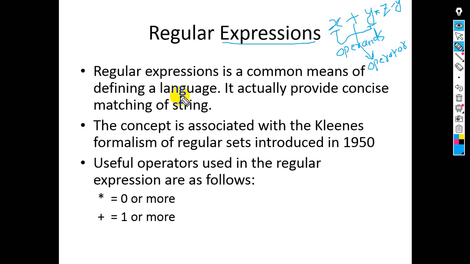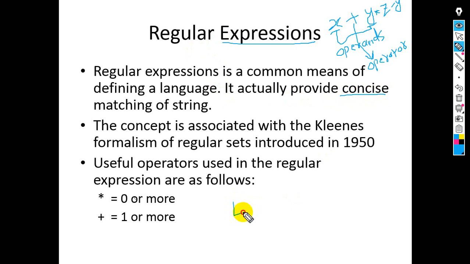The third one that I am explaining is the regular expression. This is also the definition of a language. So here we will also define a language through a regular expression. How will we define a language? We can say this is a concise way of defining a language, a very shortcut way of defining a language.